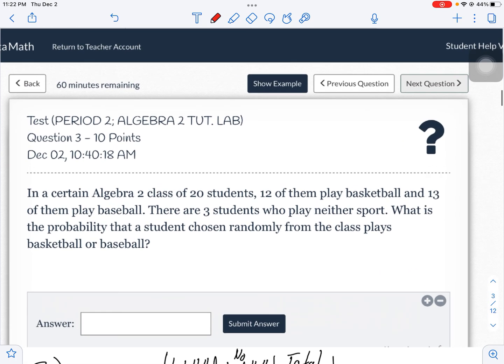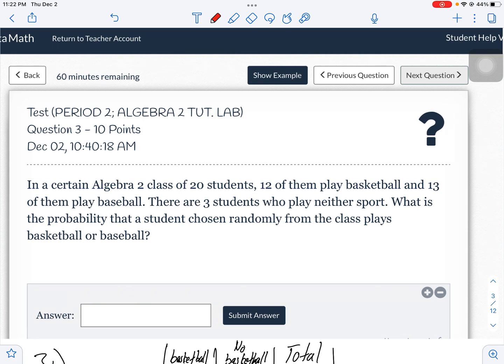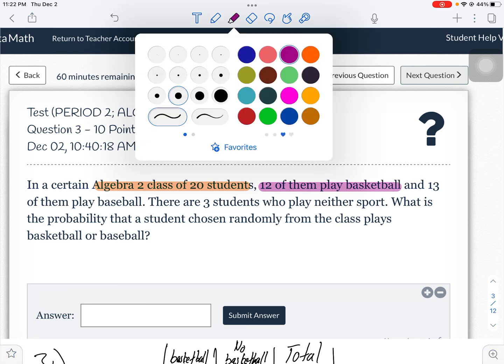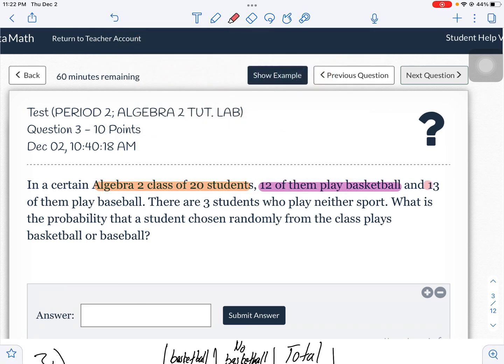All right. Number 3. In a certain Algebra 2 class of 20 students, 12 of them play basketball, 13 of them play baseball, and 3 students play neither sport.